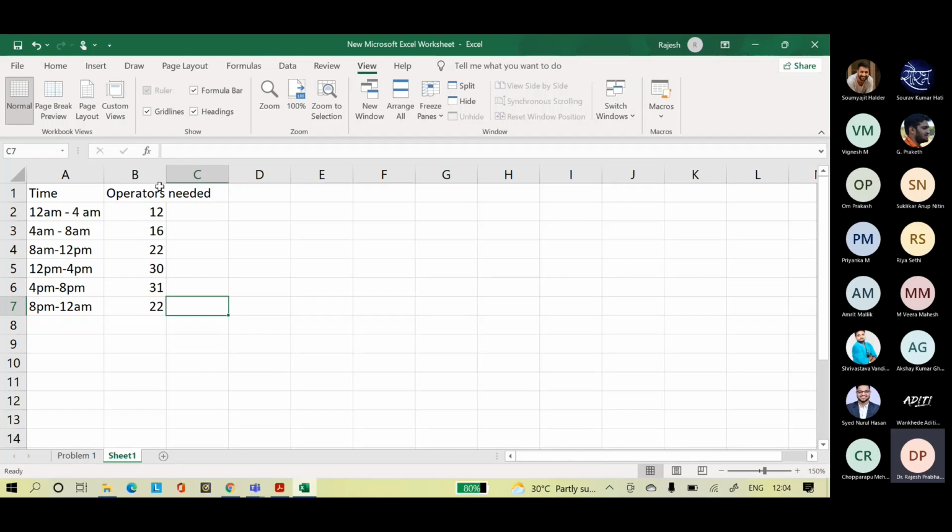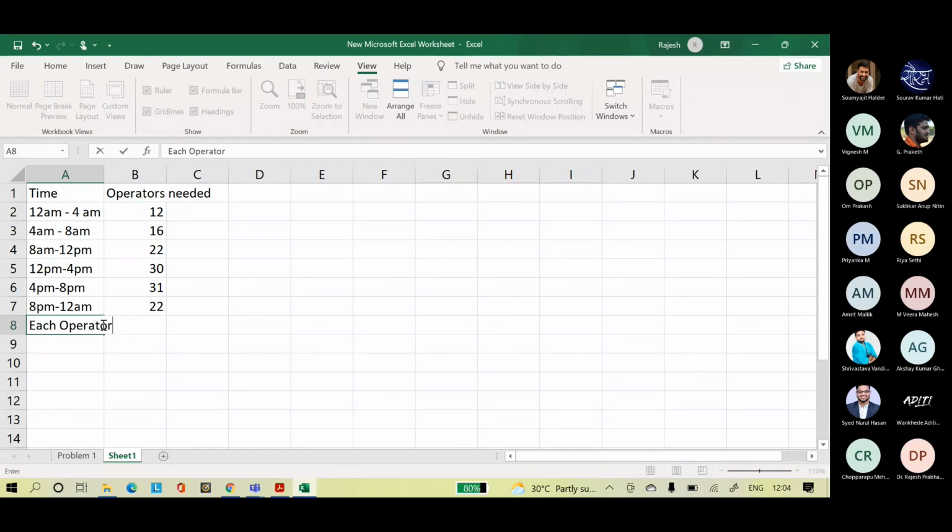Okay, and then the other criteria. Each operator works for a 6-hour shift.